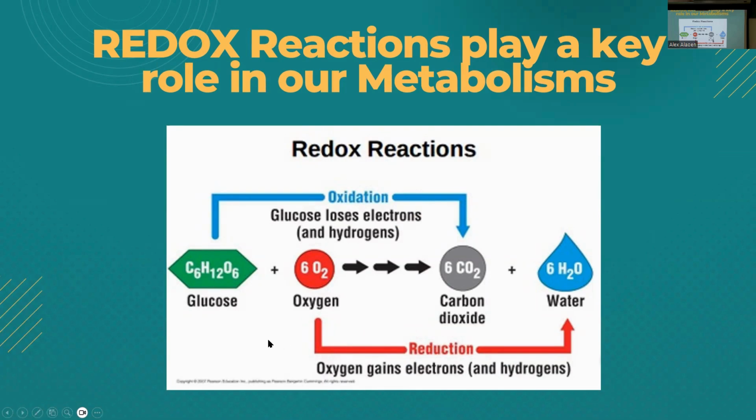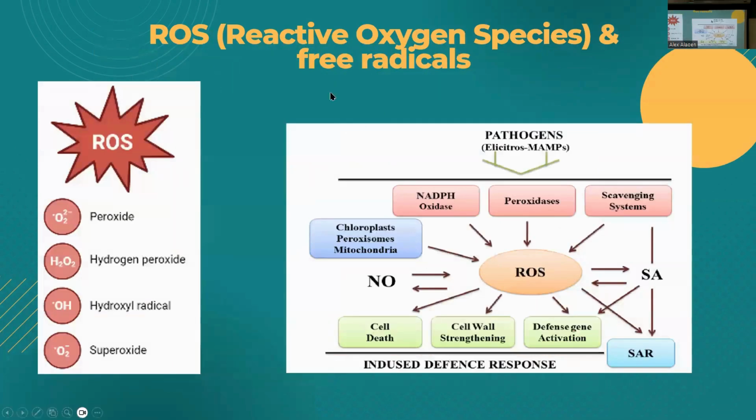Aside from this, though, there are some electrons that get attached to oxygen and result in reactive oxygen species, which are free radicals in your body. So reactive oxygen species, these are some examples that result from that.